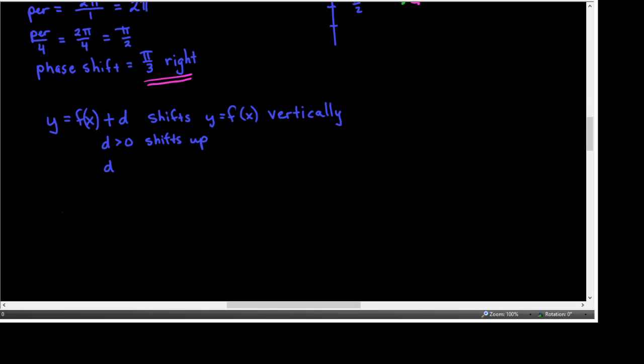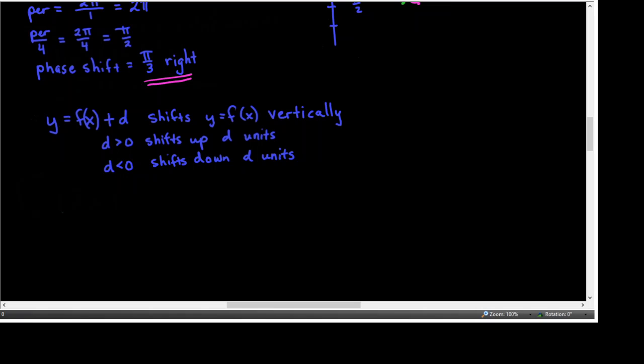And when d is negative, it will shift down. d units, I should have said. Thought it, didn't say it or write it at first. So anyway, that's what that's going to do. And that's actually one of the easier ones to understand. So I'm kind of glad they left it to last, because it's really not that bad.